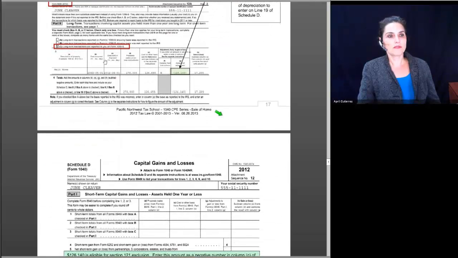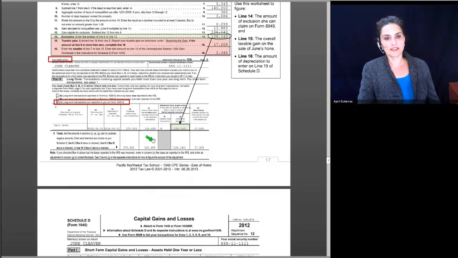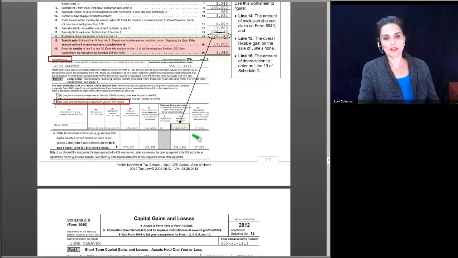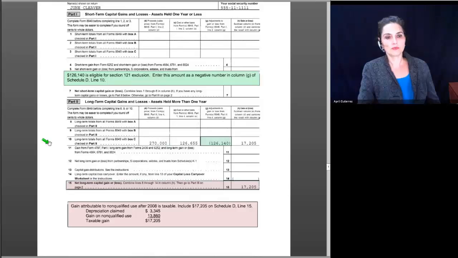So we get over to the Schedule D next. And all of the numbers that appear across this bottom line of the 8949, line 4, you see 270, 126, 655, 126, 140, and 17205. Those are going to carry over to line 10 of the Schedule D. And on line 10 of the Schedule D, we enter that total taxable gain.